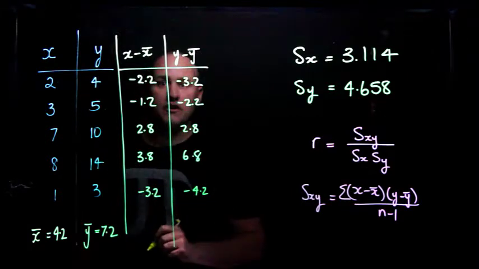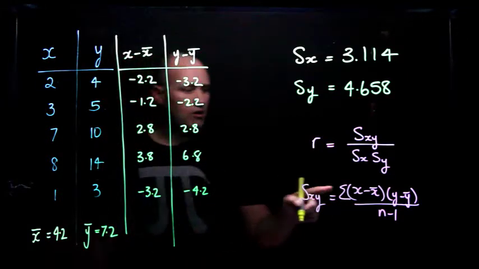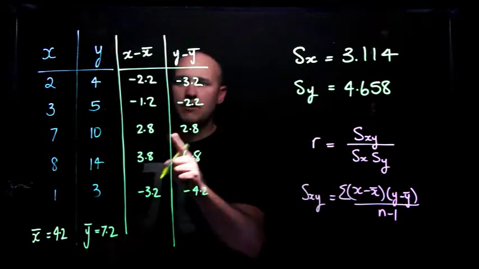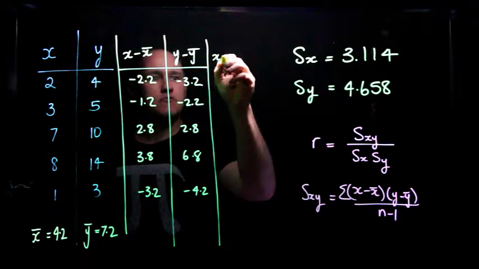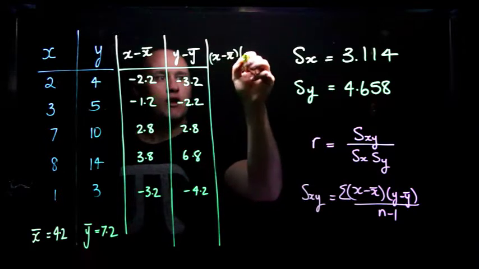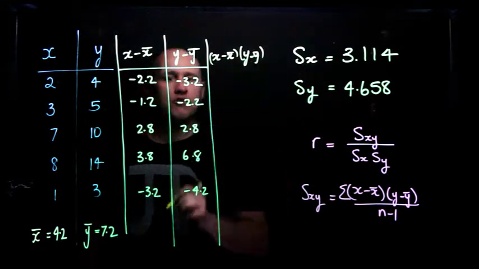And of course we can do this in our calculator as well. But we also need to determine what these are multiplied by each other. So we'll have a final column which will be our x minus x bar multiplied by our y minus y bar, and I'll just quickly do that now.